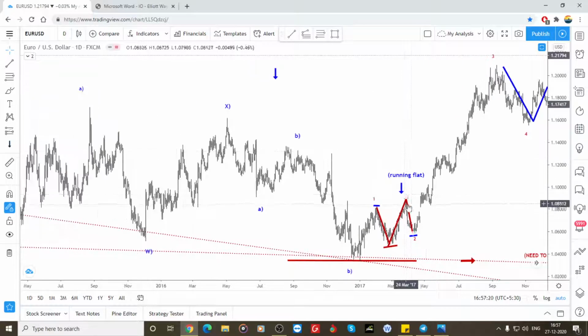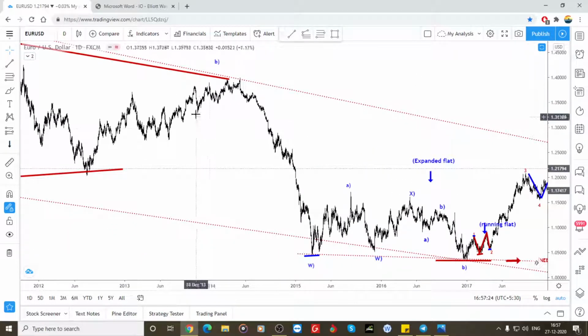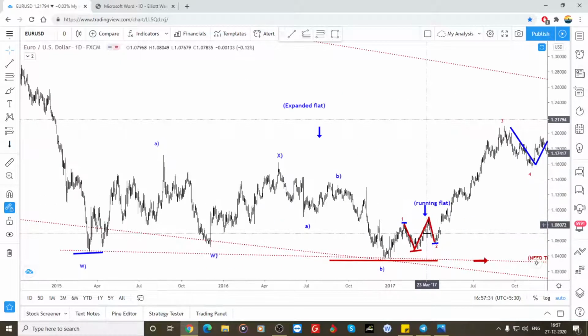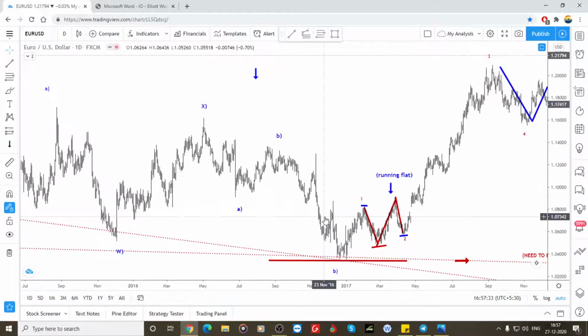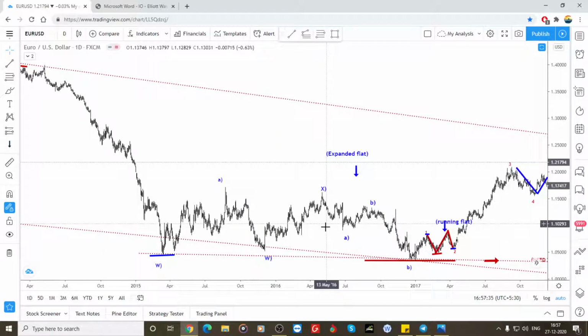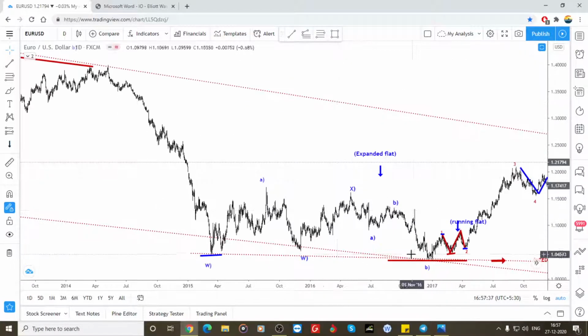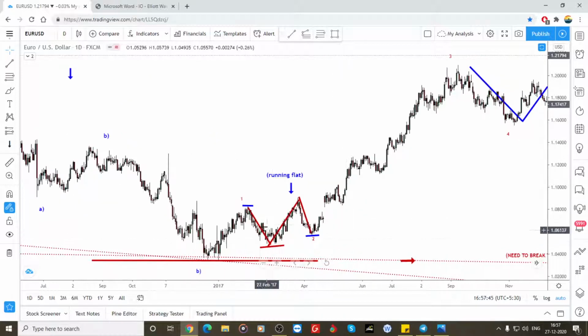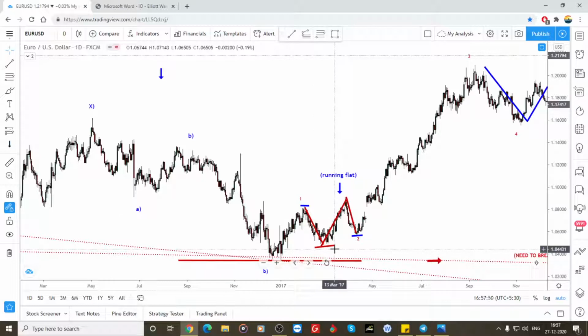Whether it is making a correction for the previous fall, or it is a continuation, we didn't know. What retail traders will do here is, once the wave formation is completed, wave 2 will retest a maximum of the golden ratio of 61.8, or it could be a maximum of 78.6.